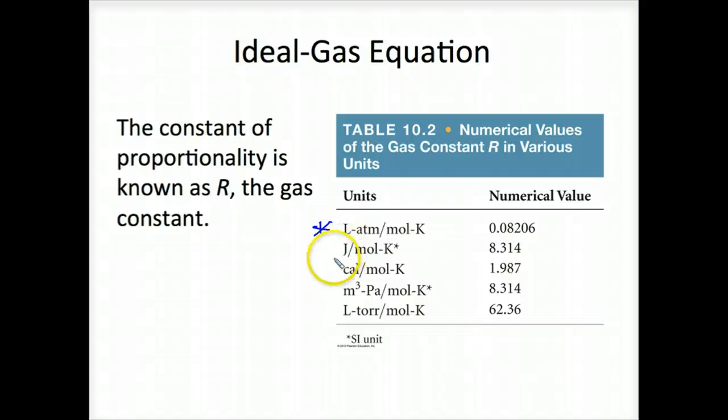Notice we can also incorporate joules, calories, meters cubed pascals, liter torr, etc. These are the ones that you are probably most familiar with. These are a little bit different, but they have a use, especially when we talk about various things in thermochemistry or electrochemistry and things that we'll be using this equation for later on.